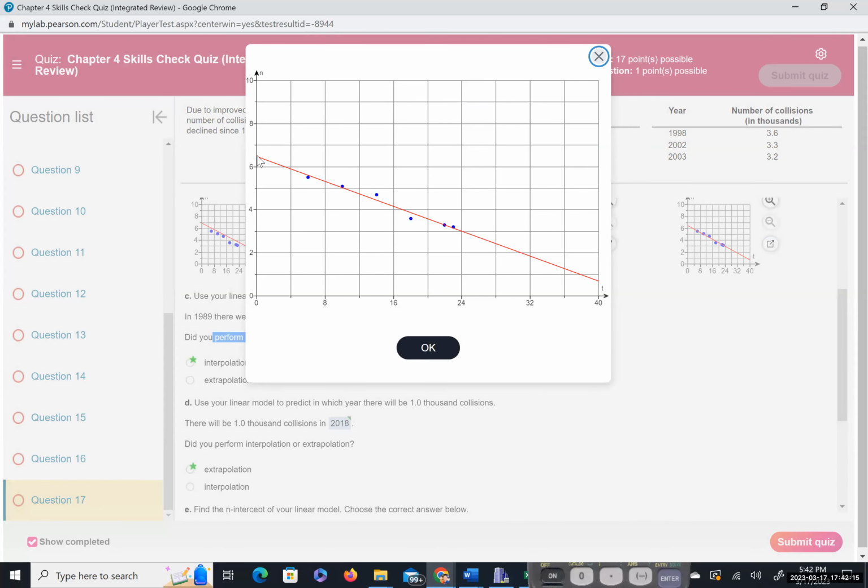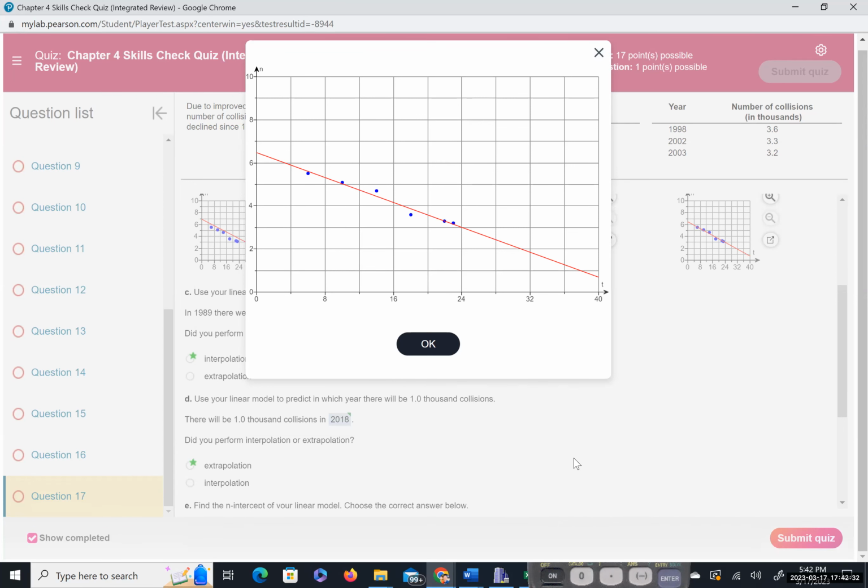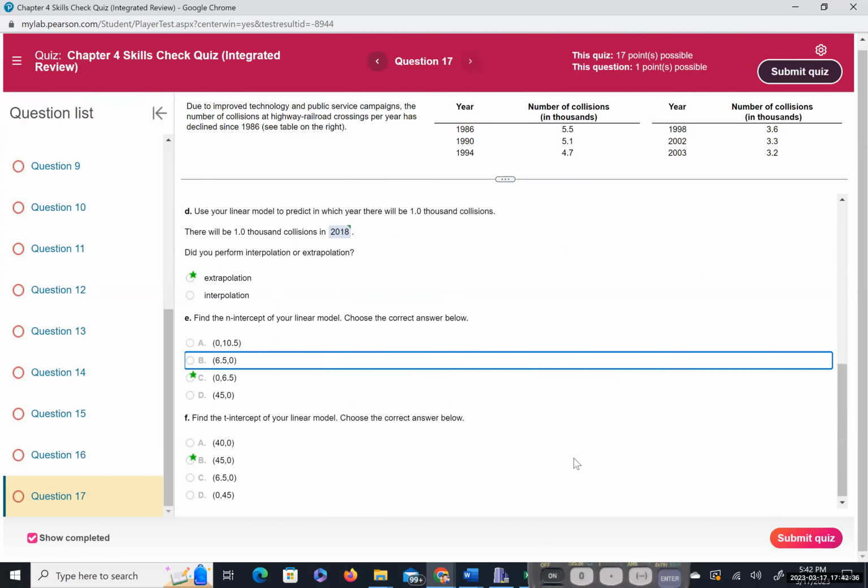This one. It's going to be 0 and 6.5, because 7 is here. 0 and 6.5. Yeah, this one.